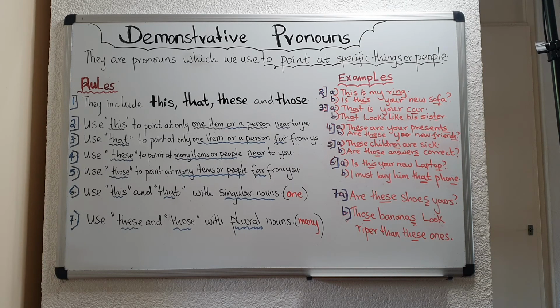It would be, is this shoe yours? Because then we have to apply rule number 2. But now we're talking about many shoes, many items. So we have to apply rule number 4. So, are these shoes yours?